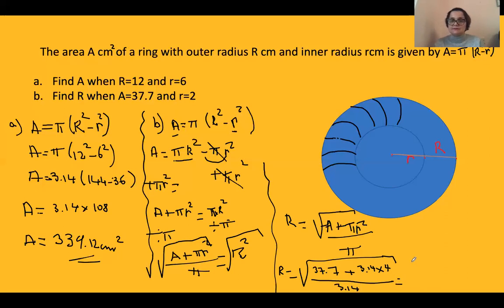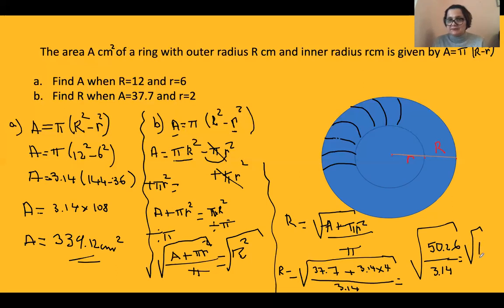So multiplication first, and then addition, and then division by 3.14. And so, 3.14 times 4 is 12.5656, plus 37.7. The answer of the numerator is going to be 50.26, and this divided by 3.14 is actually 16.006.